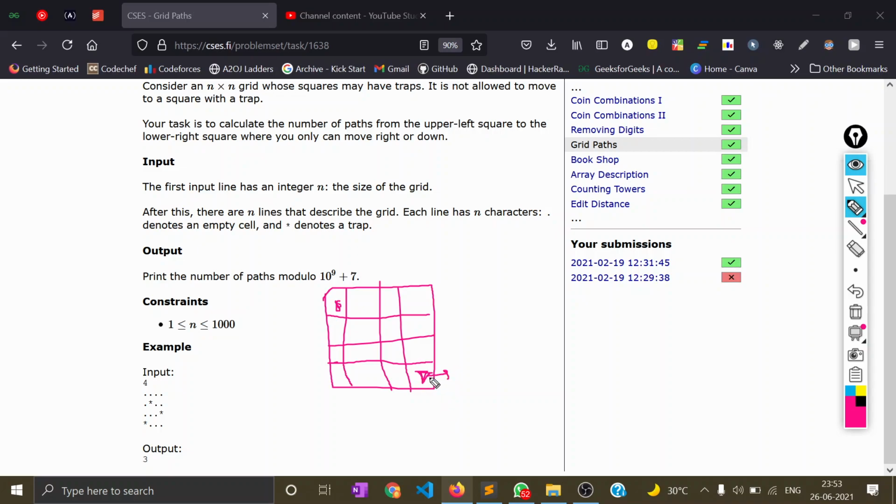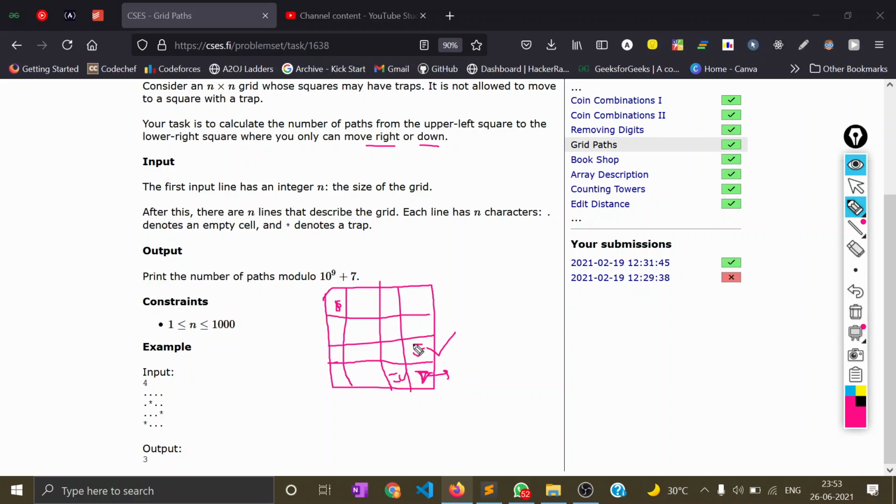I can reach here from which block? This is the question. I can reach from either this block or this block. There are no other ways to reach it directly, because the previous step would have been from this block or this block only, because I can move only right or down.